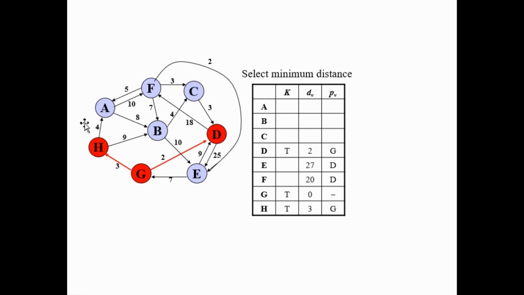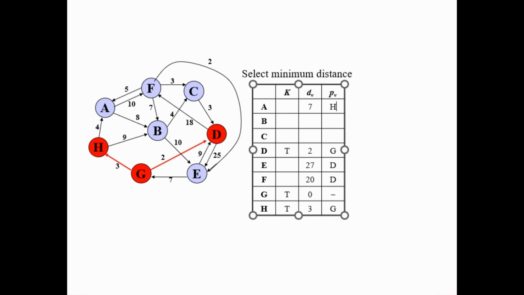From H we can go to either A or B. Let's calculate what it costs to get to A and what it costs to get to B. So up to H it costs 3, and from H to A it costs 4, so it becomes equal to 7. So we are going to A and it costs 7, and we are going via H, so we will update this column via H.